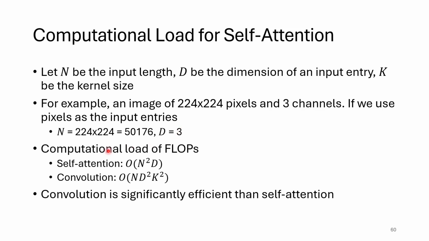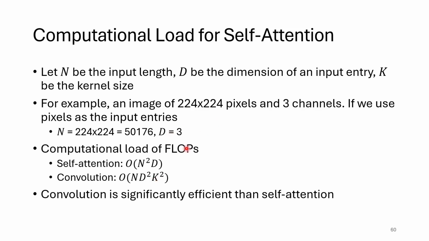Then, when they use self-attention, the computational load for this method is of the order of n squared d. It will be 50k times 50k times 3. And if they use convolution to develop a network, then the computational load will be 50k times 3 squared times k squared.